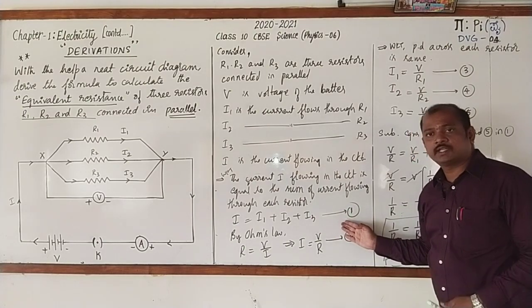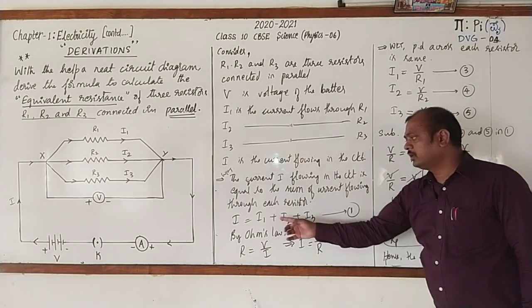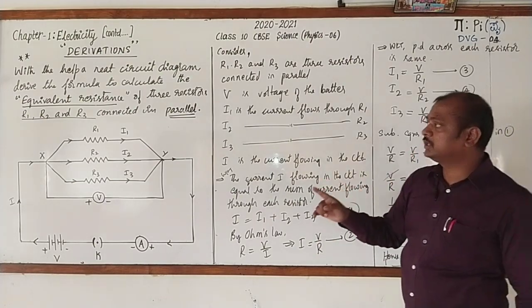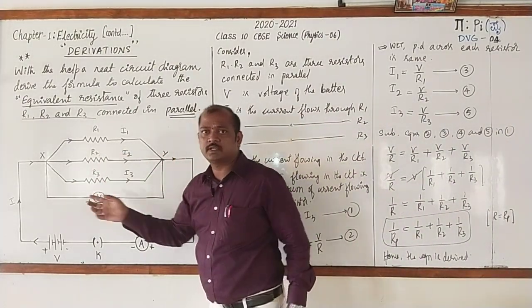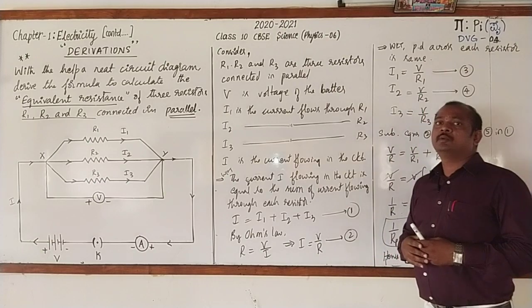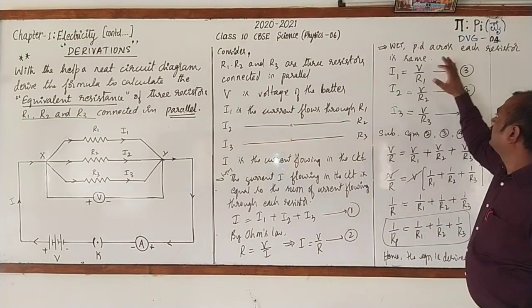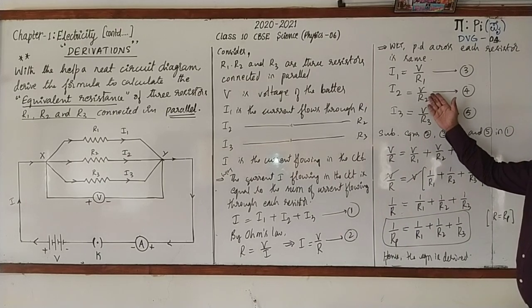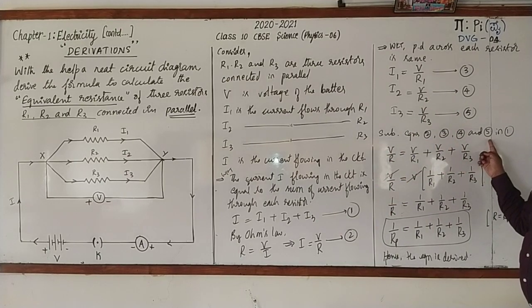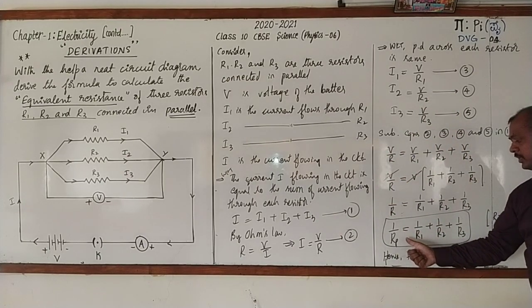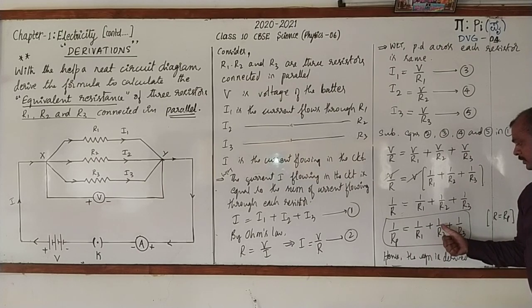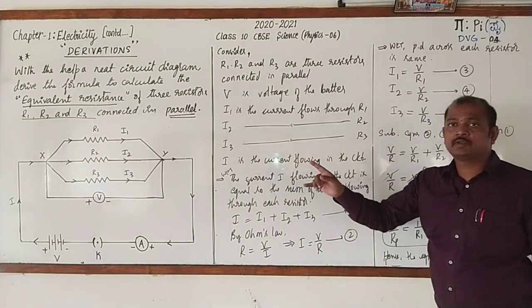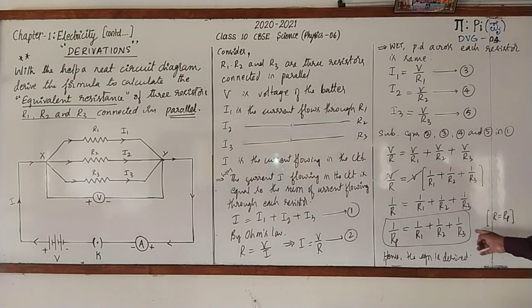Then you will get this equation, use the Ohm's law, and we need to take substitution for all these. And we know that voltage across each resistor is same as they are connected between two same points. You will get three more equations, then substitute these four equations in the first equation. Then you will get 1 by Rp equal to 1 by R1 plus 1 by R2 plus 1 by R3. So please copy from there to here.